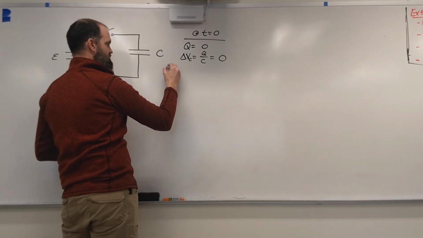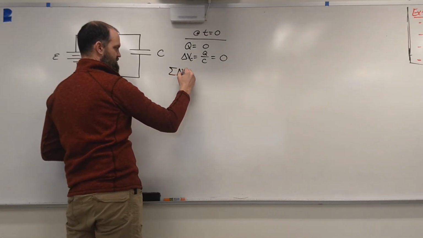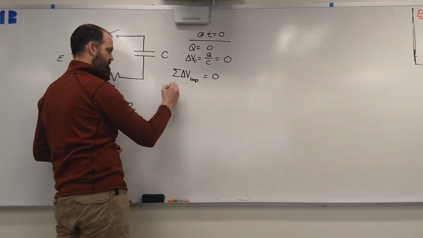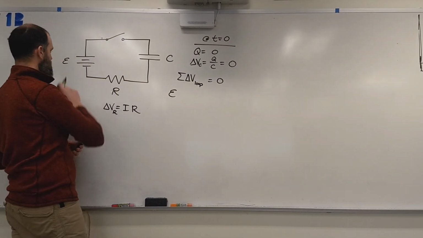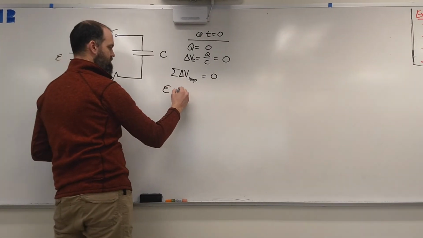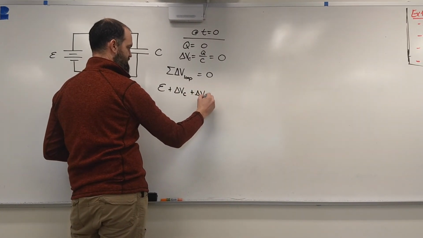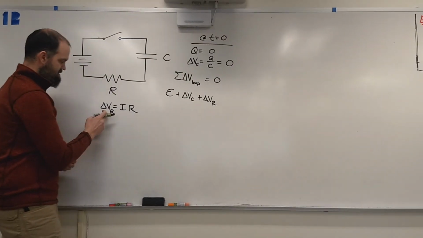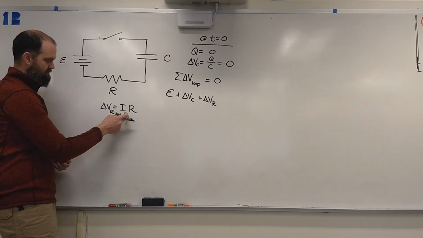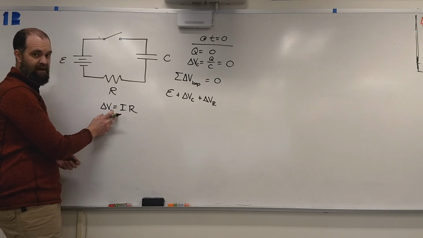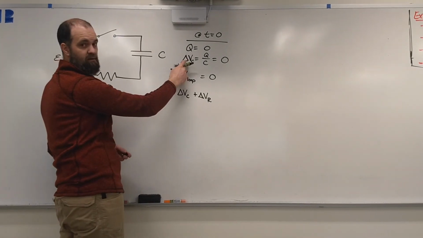So if we were to sum up all of the potential differences for our loop and set that equal to 0, we would have some potential difference from the battery, plus some potential difference across the capacitor, plus some potential difference across the resistor. Now, this notation right here, delta V_R equals I times R, this is really just talking in terms of magnitude, as is this one here, right?